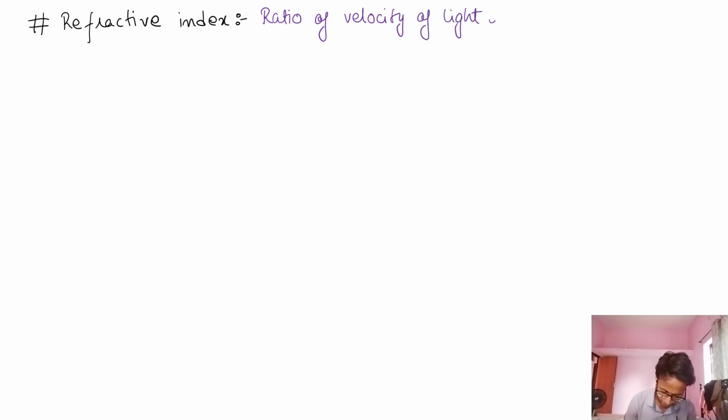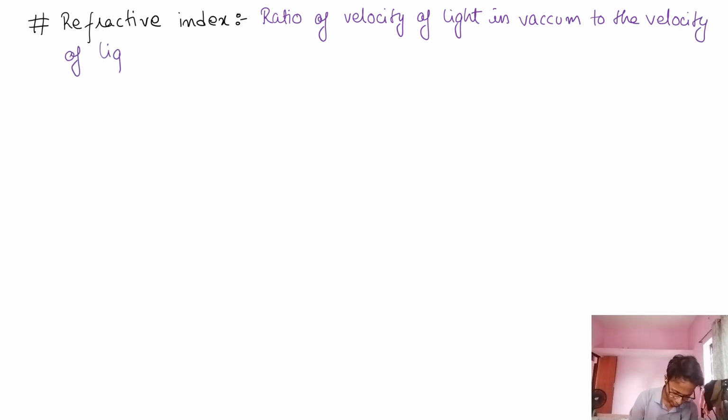Refractive index is nothing but the ratio of the velocity of light in vacuum to the velocity of light in that medium.